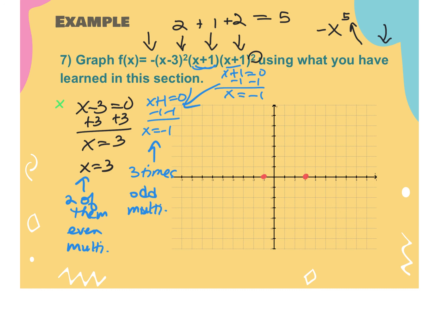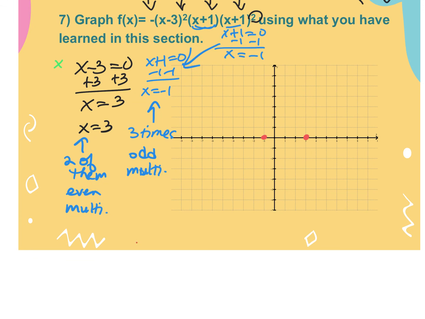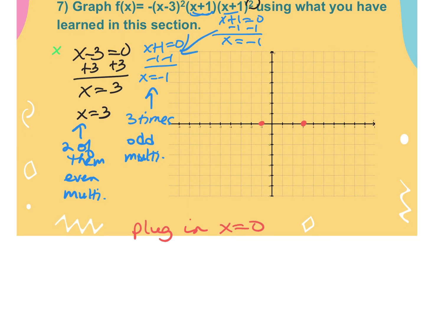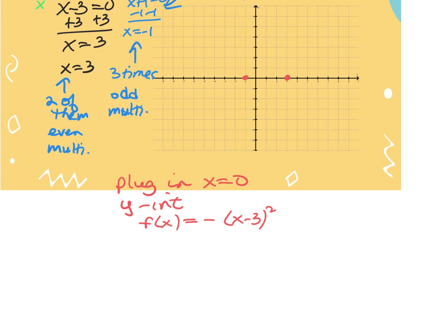Now, this time my y-intercept, I've actually got to plug in x equals 0 into the original to get the y-intercept. So it's f of x equals negative x minus 3 squared, x plus 1, x plus 1 squared.